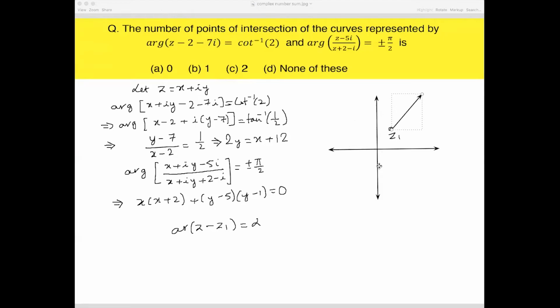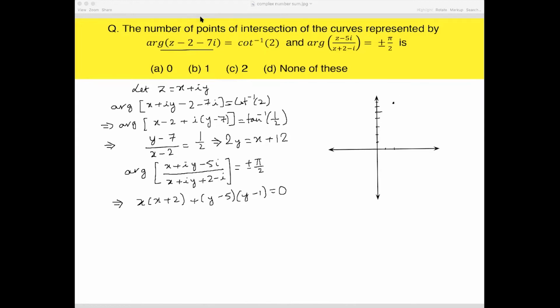Okay, so using this, we can draw this given curve here. Note the point z1 is 2 + 7i, somewhere here.